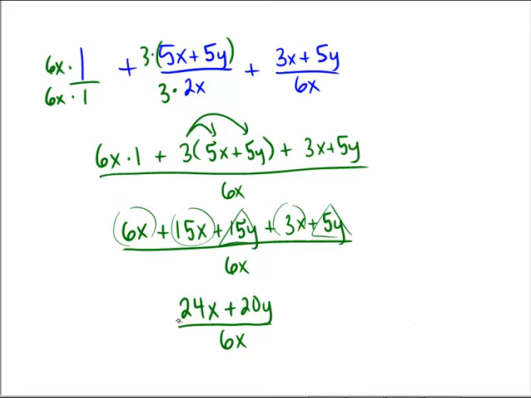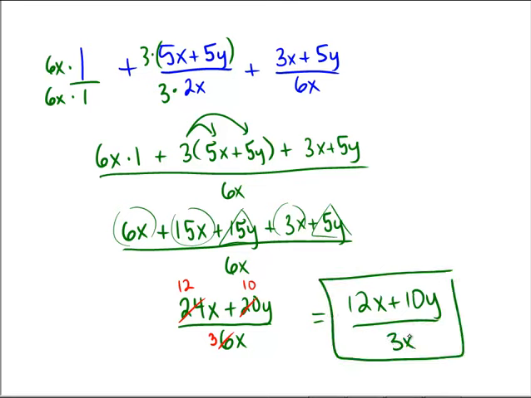They all have a common factor of 2. So 24 divided by 2 is 12, 20 divided by 2 is 10, and 6 divided by 2 is 3. So the final answer we should be submitting is 12x plus 10y over 3x. And that should be the final answer.